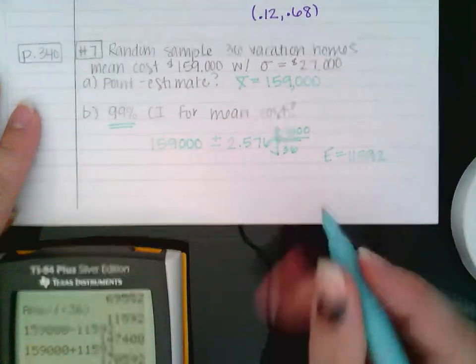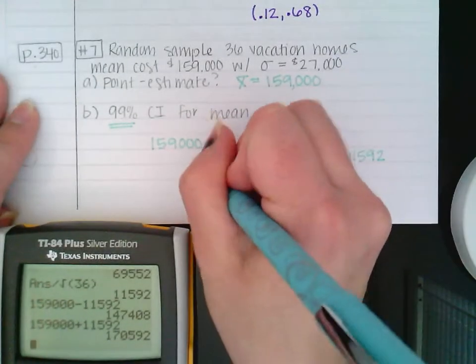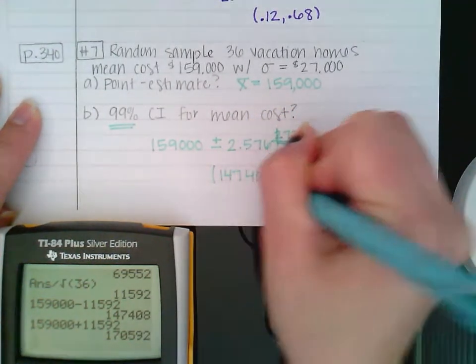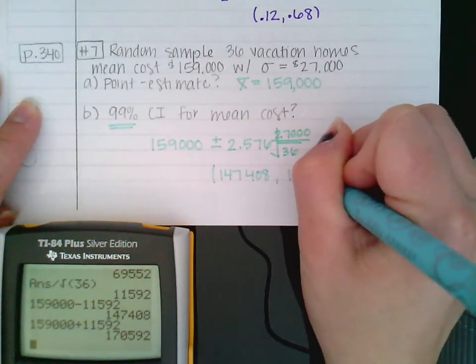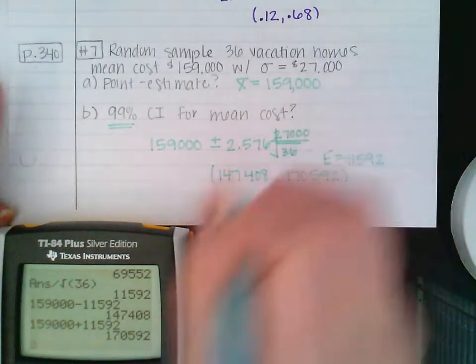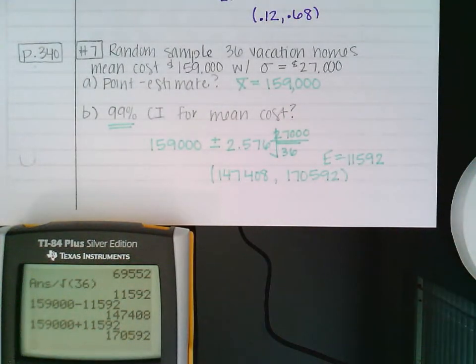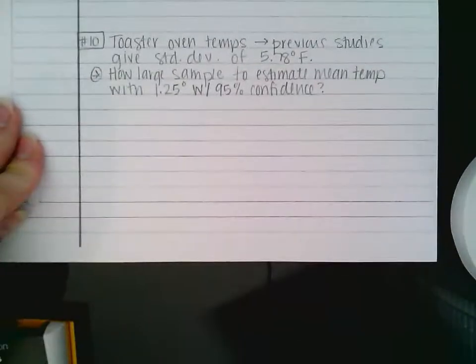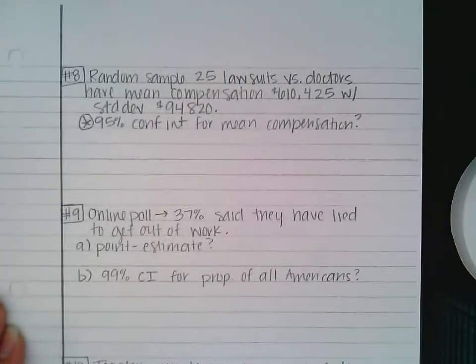And then I can go ahead and add and subtract that to get my interval here. All right, let's keep going with these questions. There are 3 more for our video here in the review.